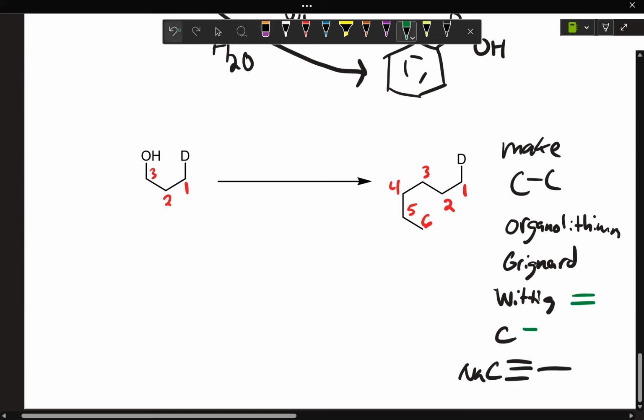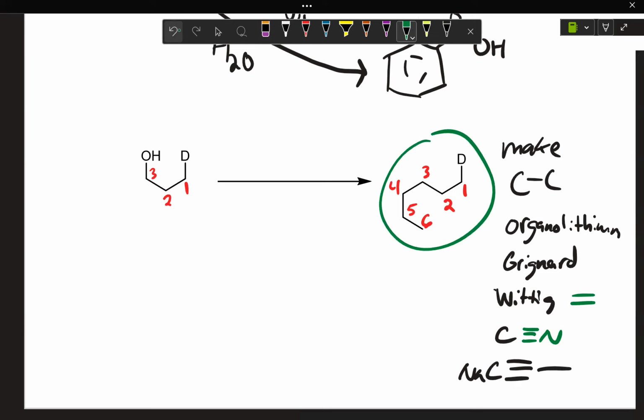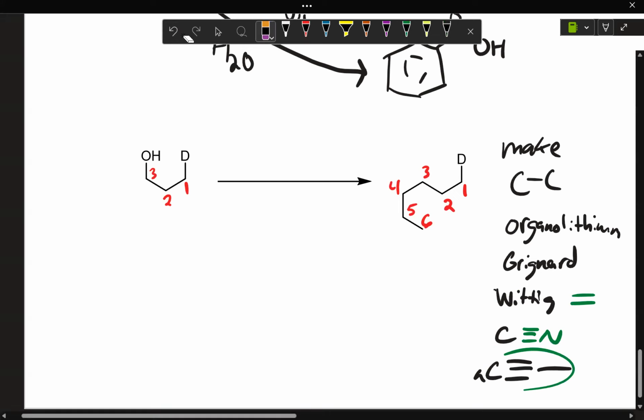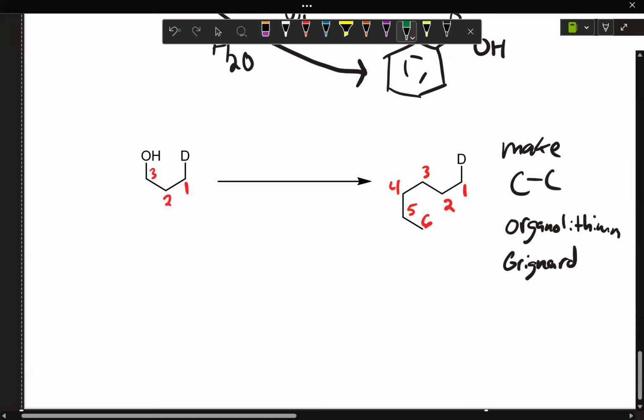We don't have a carbon triply bonded to nitrogen in the product, so we can throw away that one. And we don't have a triple bond anywhere in the product either, so we can also throw away that one. So our remaining reactions we've learned to make carbon-carbon bonds are then these two. So we're probably going to use one of these two in order to make the carbon-carbon bond.